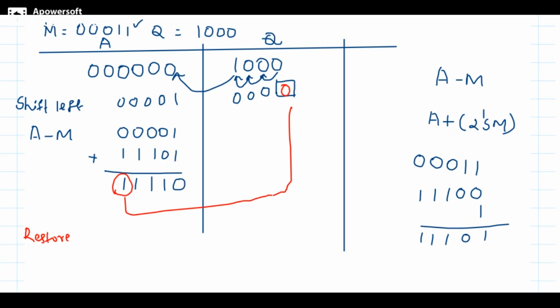Restore. While restoring, we know that A minus M, restore means I have to add M. A minus M we already computed, so we have to perform A plus M. That means directly I can write the value before performing A minus M. That means we restore the value of A. So restore in the sense 0, 0, 0, 0, 1, and I will write Q as it is, 1, 0, 0, 0.